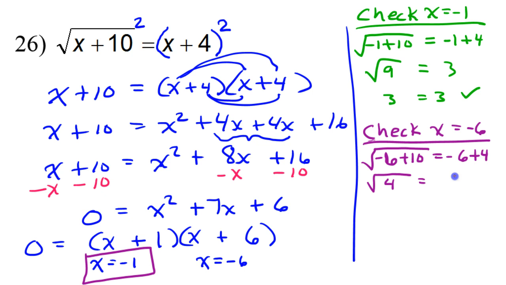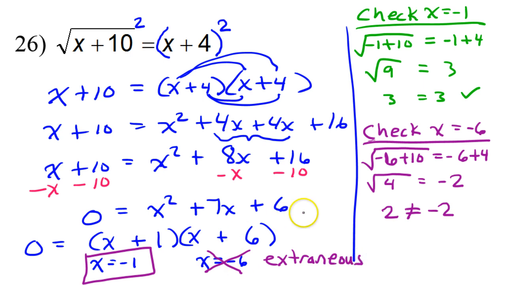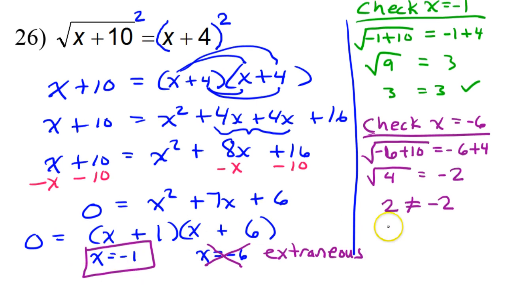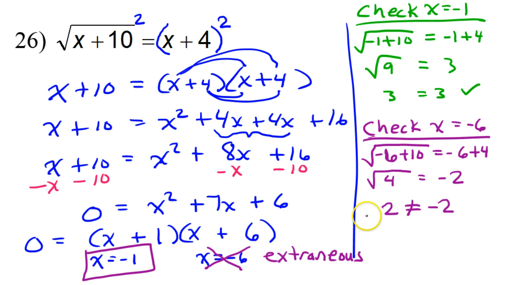Negative 6 plus 4 is negative 2. But the square root of 4 is positive 2. Positive 2 does not equal negative 2. So that means negative 6 does not actually work. That is what we call extraneous. Alright, so do not put a box around it. X equals negative 1 is the only answer to this particular problem. Alright, that's going to do it for this video.